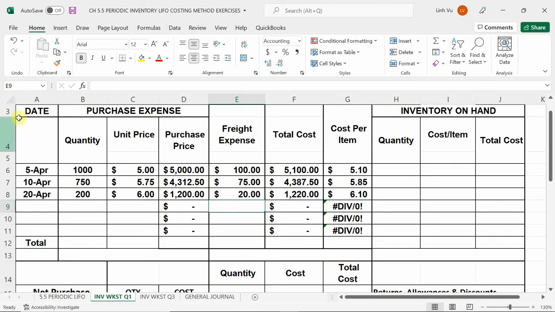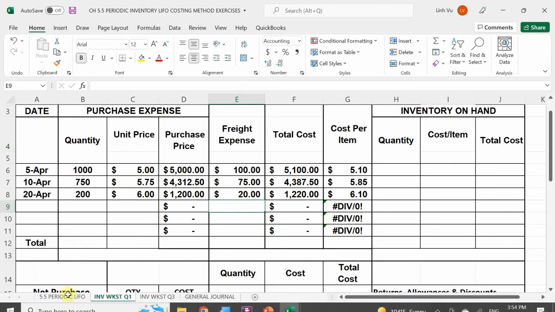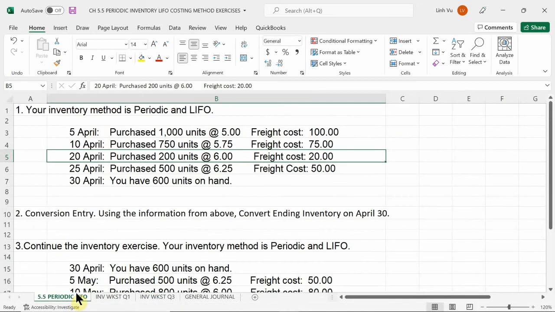Okay. So let's do the last transaction here. The last transaction is that on June 25th, we purchased 500 units at $6.25 each with a freight of $50.